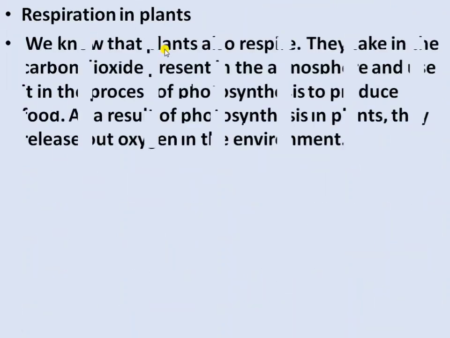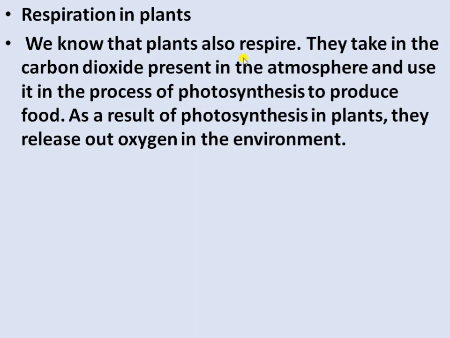Okay. Next, moving on to the next topic, that is respiration in plants. As we all know, plants also respire. They take in the carbon dioxide present in the atmosphere and use it in the process of photosynthesis to produce food. As a result of photosynthesis, plants release oxygen into the environment.